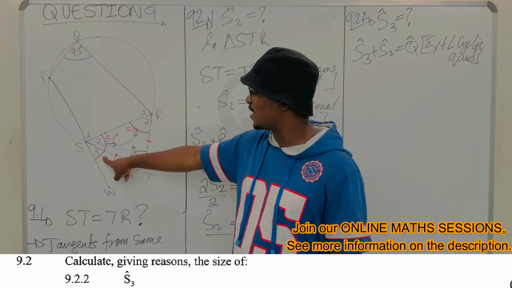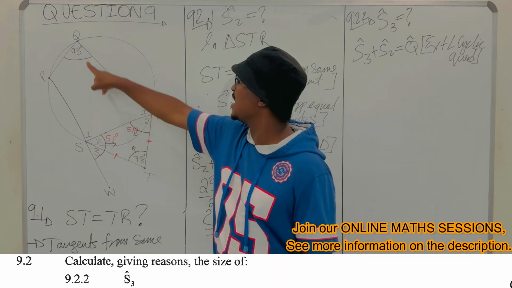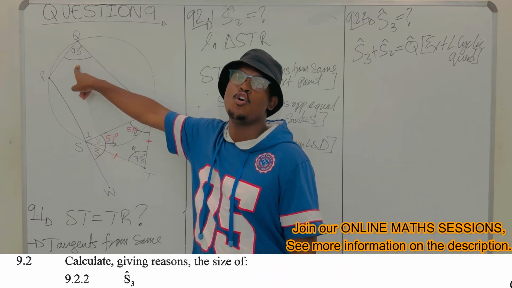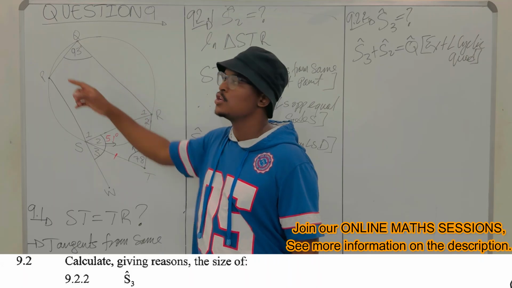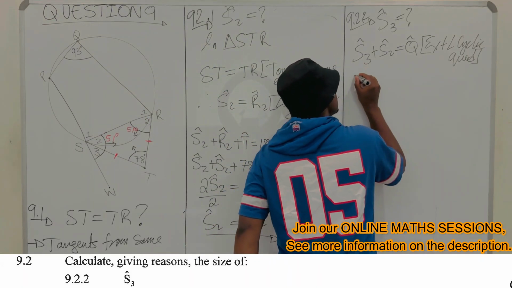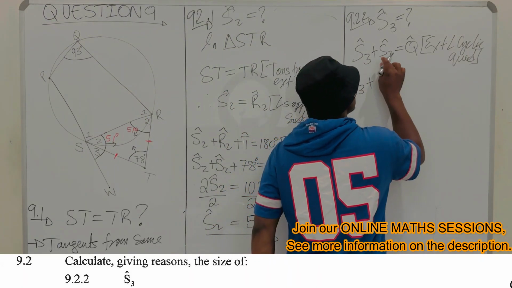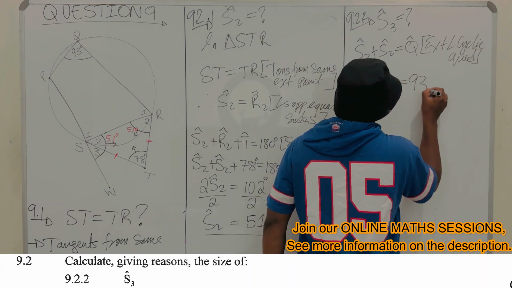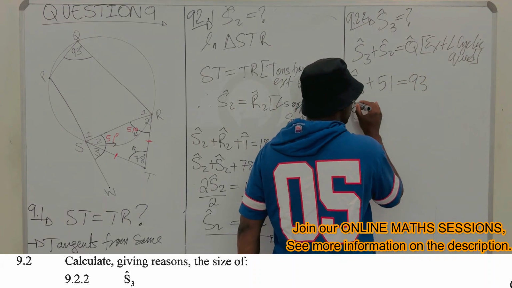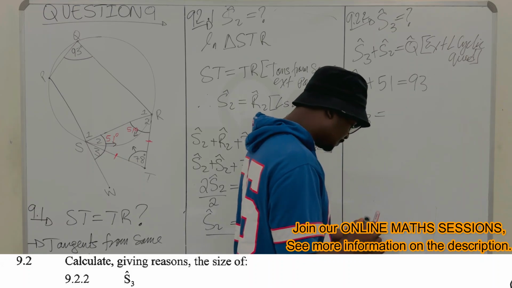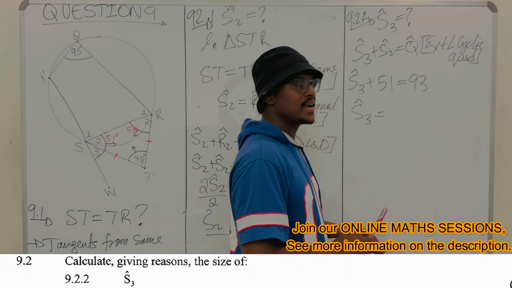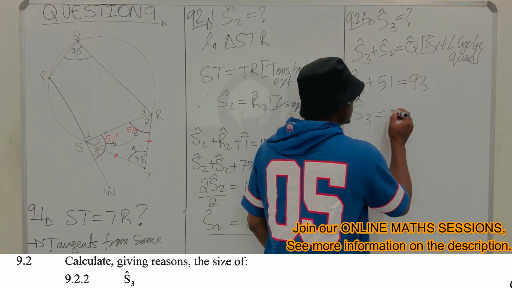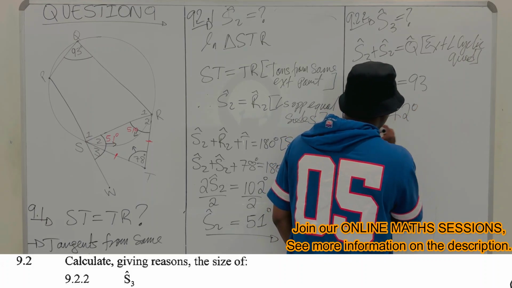So angle S3 plus angle S2, which is 51 degrees, is equal to 93. So you get that angle S3 is equal to 93 minus 51, which is 42 degrees.